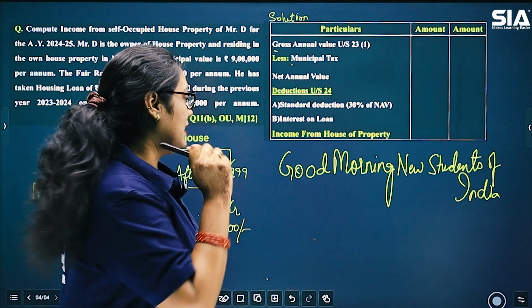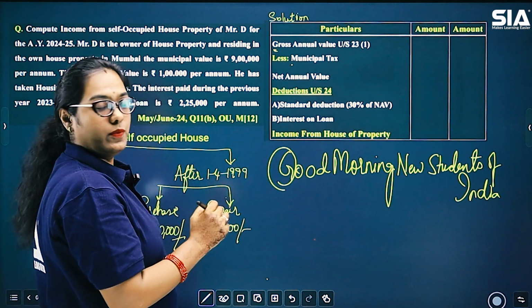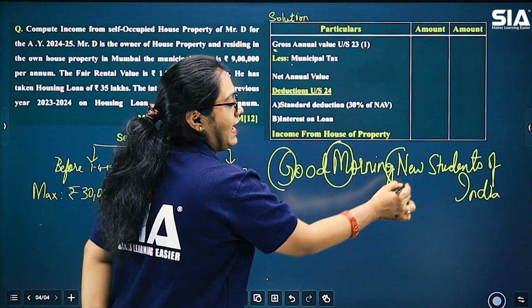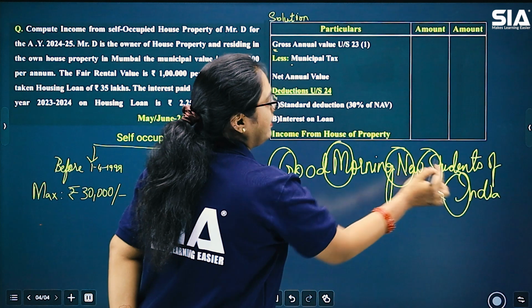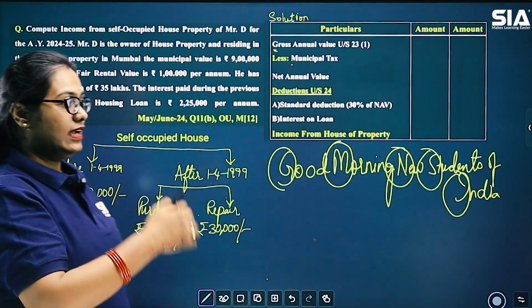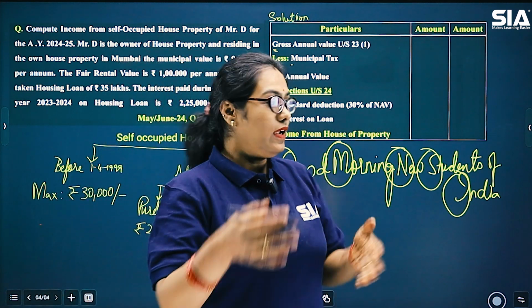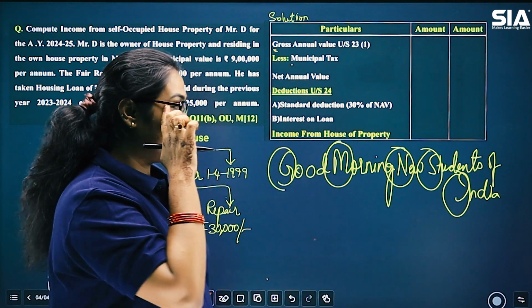What is this? See, if you remember, the first thing is nothing but gross annual value. Next is municipal tax. Then the net annual value. Next, the standard deduction. And then we have the interest on loan. So income from house property is equal to, as you can remember, as nothing but good morning, new students of India. You can take the first letter of each of it and remember.